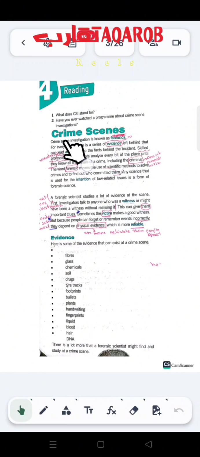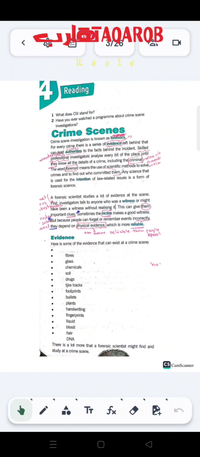The title is Crime Scenes. Now let's start with reading the first paragraph here. Crime scene investigation is known as forensics. For every crime, there is a series of evidence left behind that can lead authorities to the facts behind the incident.